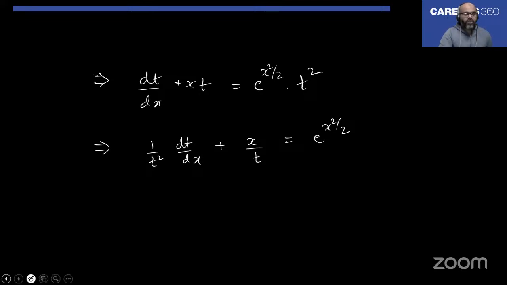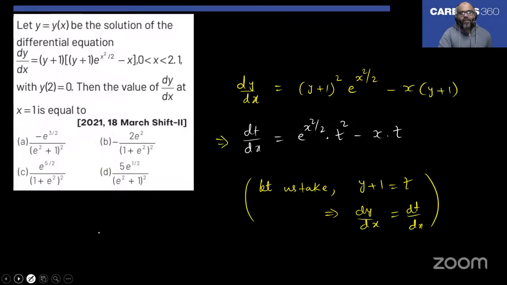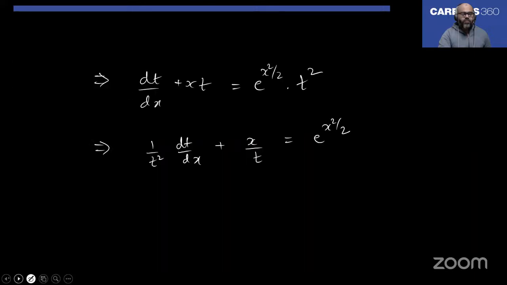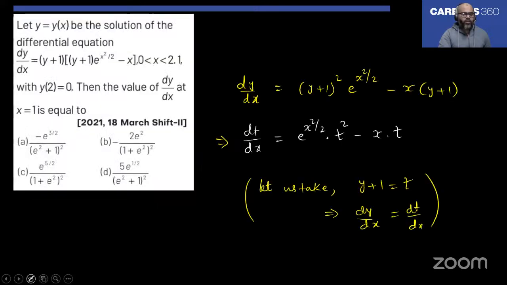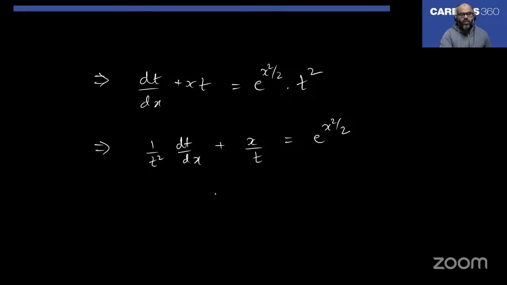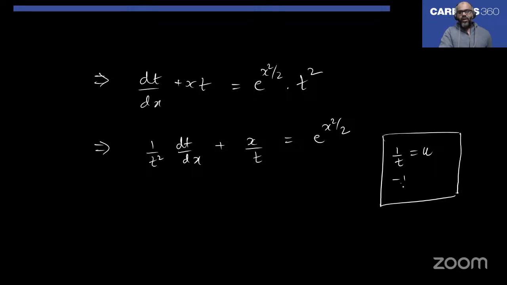So here, we are getting dt by dx plus xt is equal to e to the power x square by 2 into t square. So what we do here is, let us take 1 by t is equal to u. So minus 1 by t square dt by dx will be equal to du by dx.